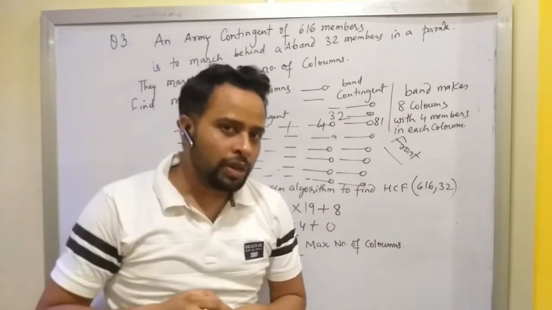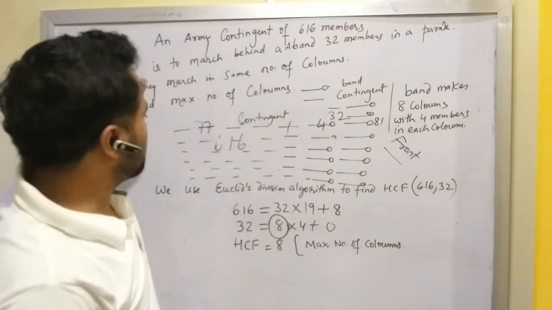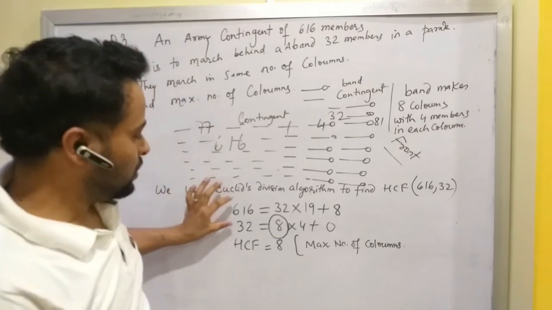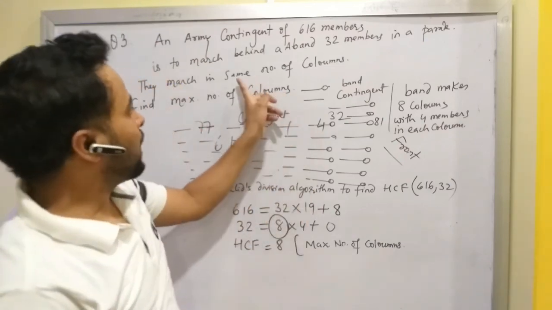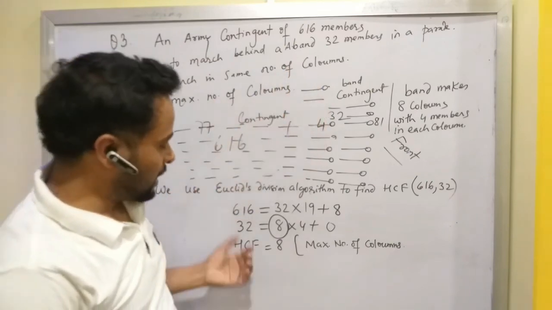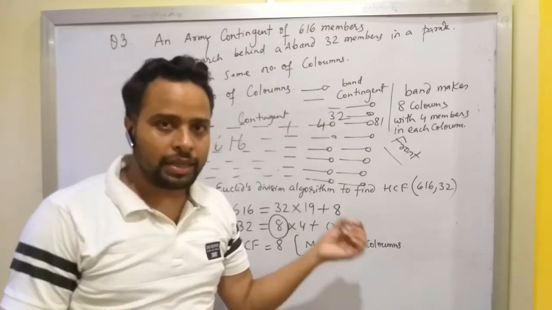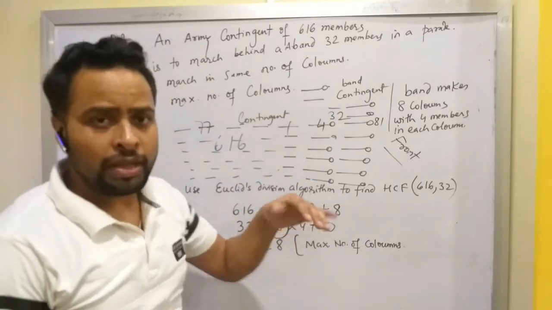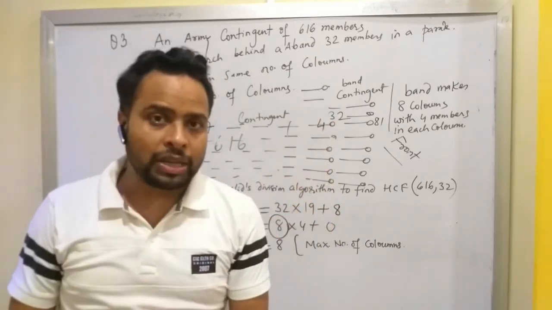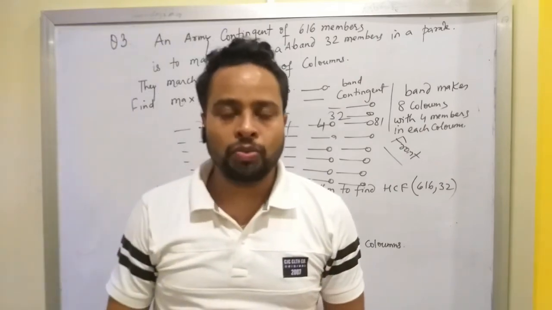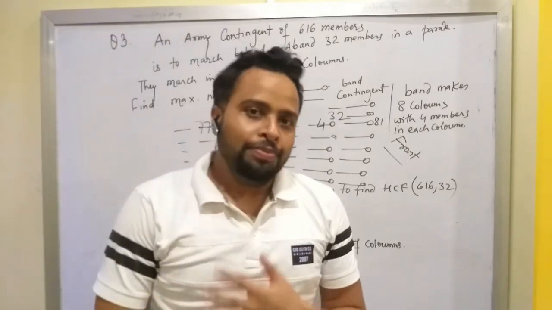So here we go with the answer, that in this particular question, Euclid division lemma, when we find the HCF, we get 8. What is the maximum number of columns? Maximum number of columns is 8, and the question can be asked more than what is given. They may ask you how many contingent members will be there in each group.